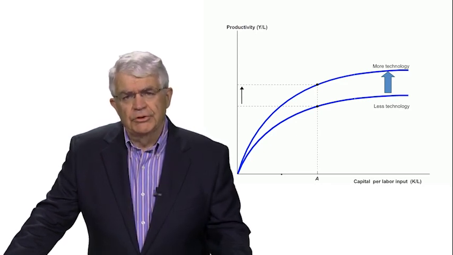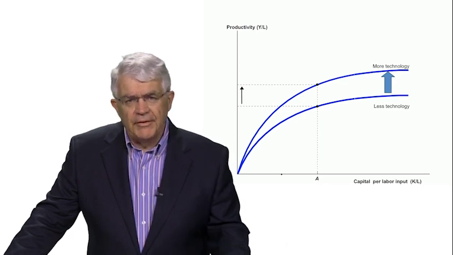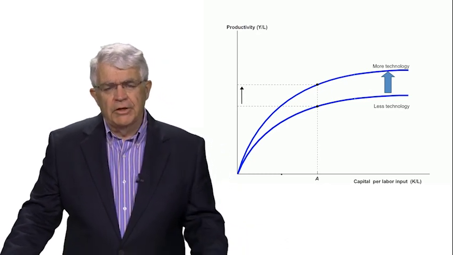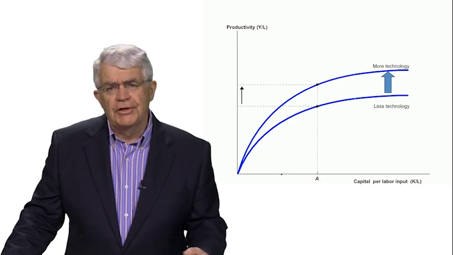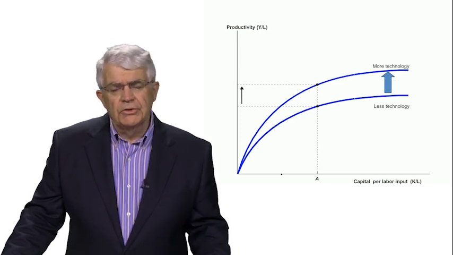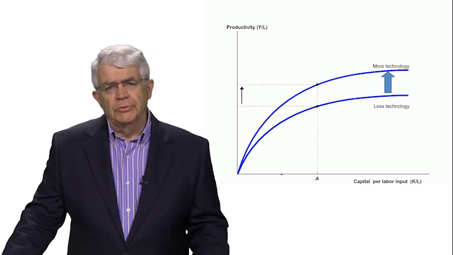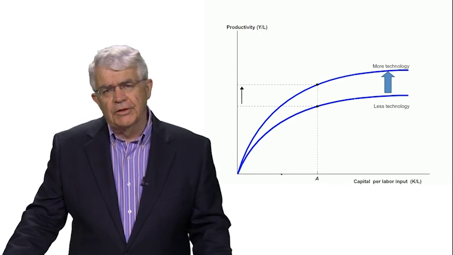More technology will enable you to produce more for each worker for a given level of capital. It raises up the amount of productivity. Now that's what happens. We know that happens with technology. The question is, how can we use this shift of the curve versus the curve itself to divvy up, as Solow did in the growth accounting formula, between capital per labor versus technology?